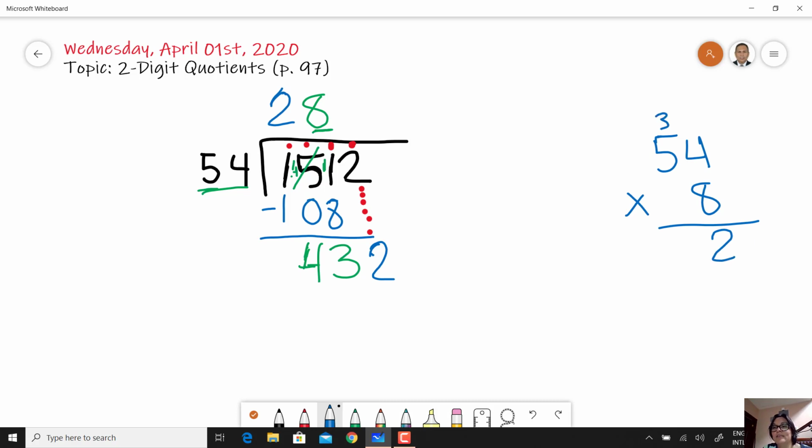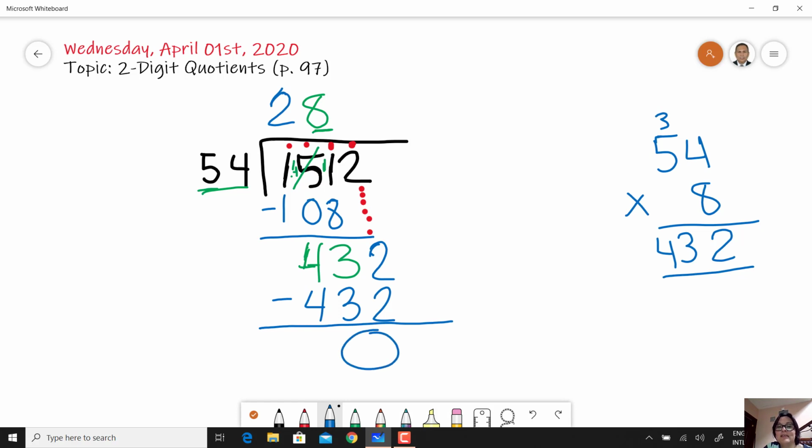Now, 8 times 5, 40 plus 3, 43. Can we use 432 in here? Yes, 432. Okay, and then we subtract, and 432 minus 432, 0.